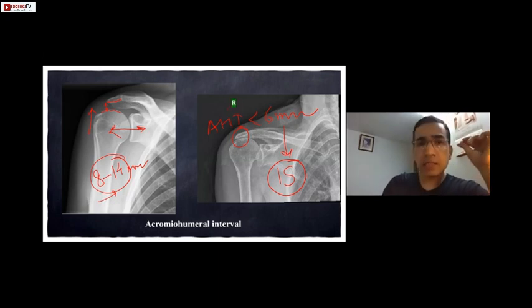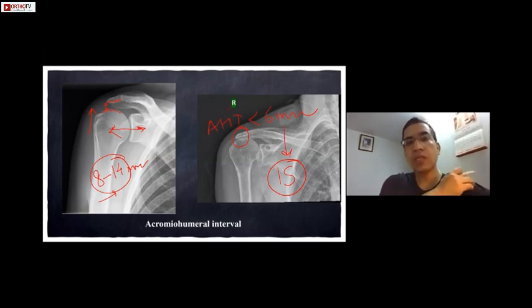But a word of caution, it does not signify the repairability. The cuff may still be repairable. So don't think that if the distance is like this it is not repairable. It is very well repairable, often repairable. Sometimes, yes, you may not be able to repair supraspinatus, fair enough. You can come back with the repair of the subscap and the infra also.